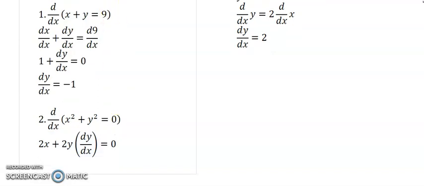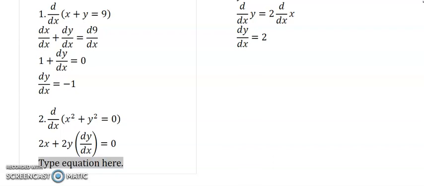Okay, guys, let's go ahead and find the dy over dx. Here we can do it in this way.